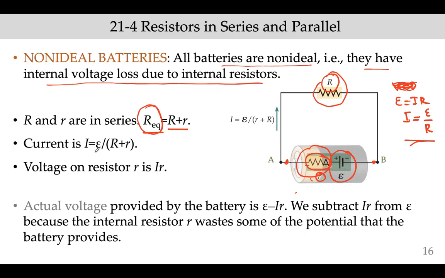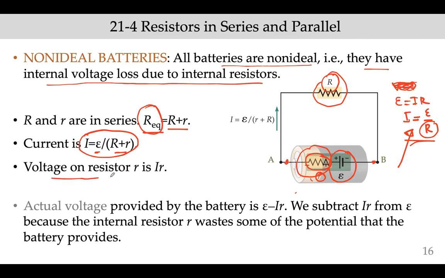So the current is the voltage divided by not R as I did here, but by the equivalent resistance, which is uppercase R plus lowercase r. See, the current that you will get from this calculation is less than the current you would get here, because now the denominator is larger than uppercase R.